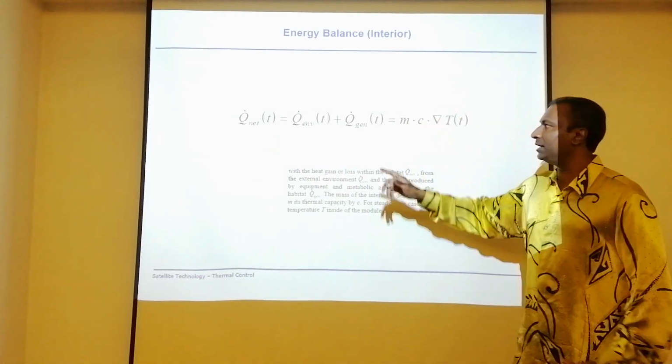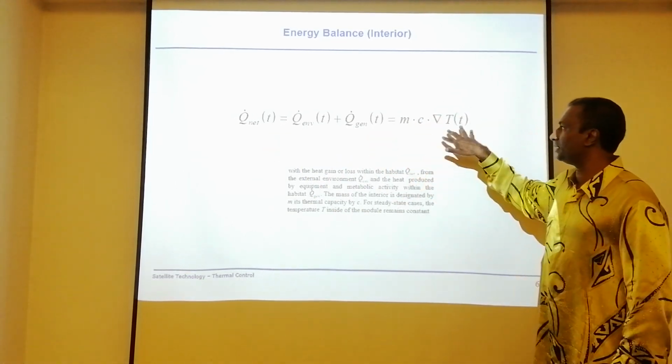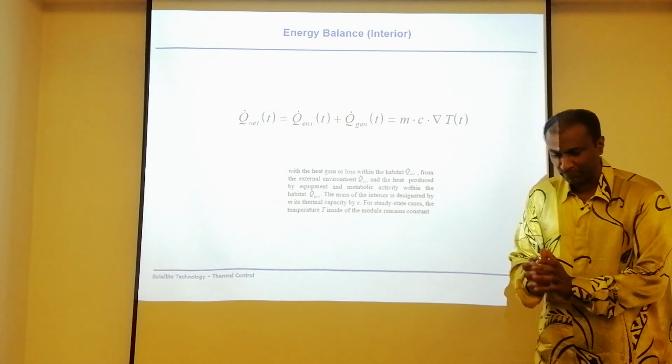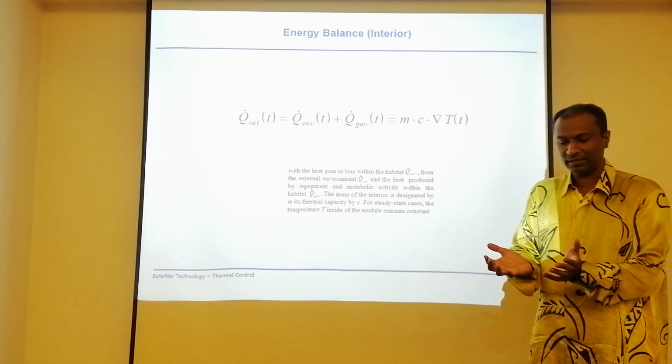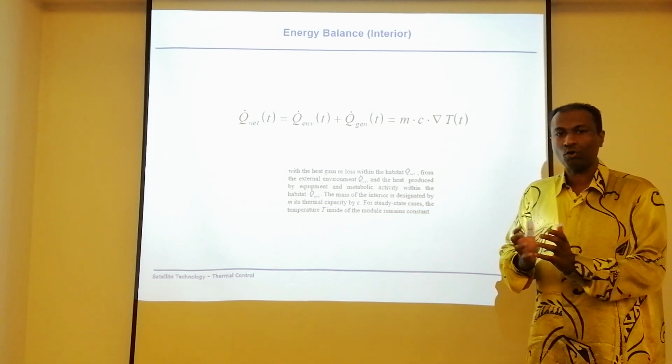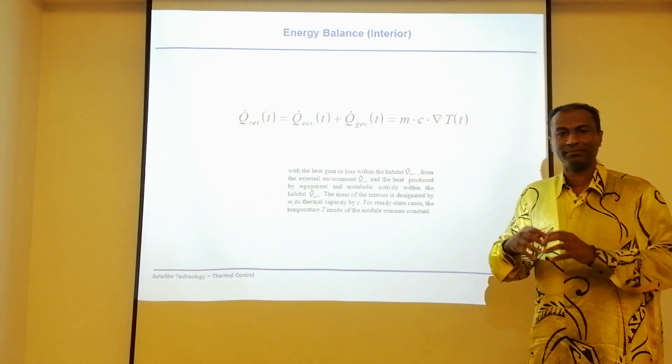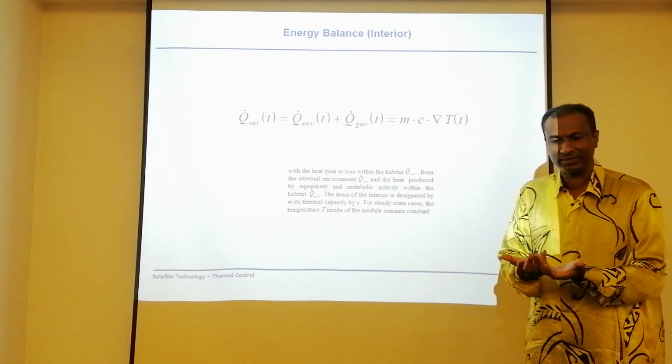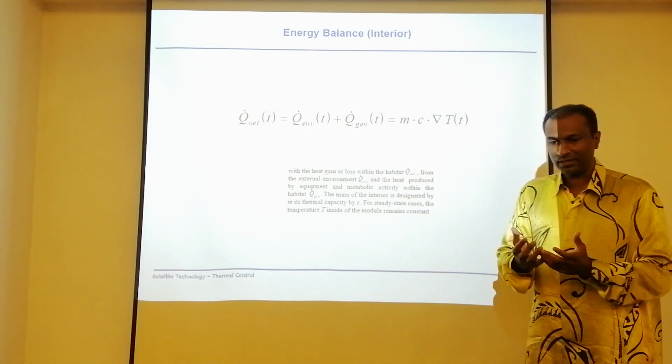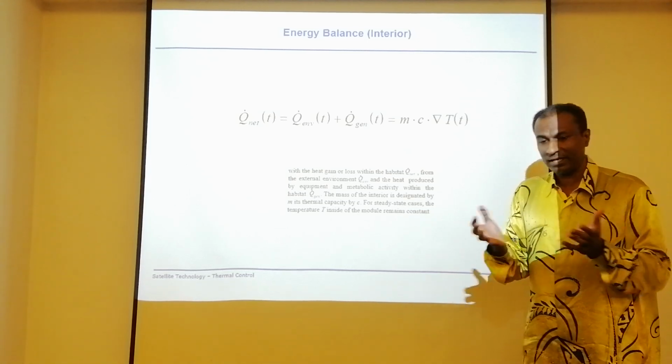And if you want to find the temperature with respect to a certain volume, that means there is a material defined in the volume, maybe it's steel or maybe it's aluminium.